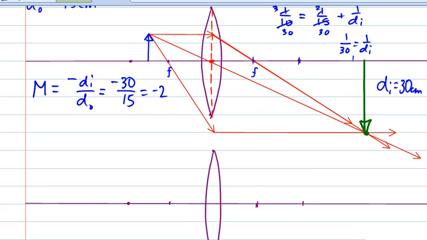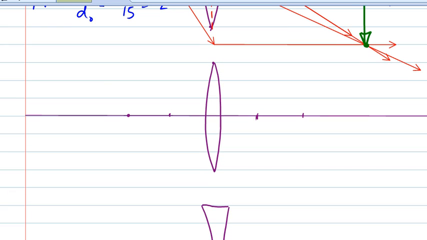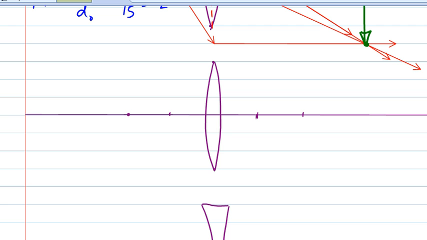Second example is again a convex lens, but this time we're going to say that the object is inside of the focus. So we'll put it, for example, right here. And as a matter of fact, I think I'm going to say that DO is equal to 5 centimeters and F is still 10 centimeters.